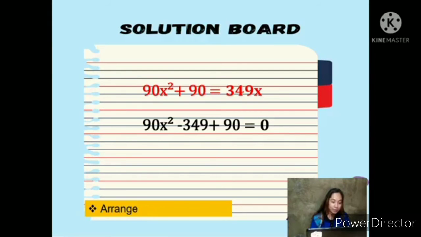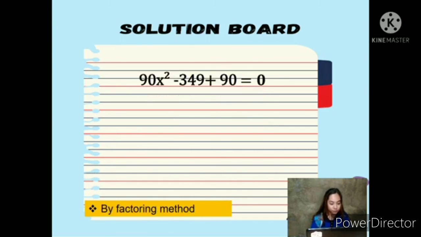So, we have 90x squared minus 349x plus 90 is equal to 0. So, by factoring method, iisip tayo ng 2 number na kapag pinag-times ay magiging 90.